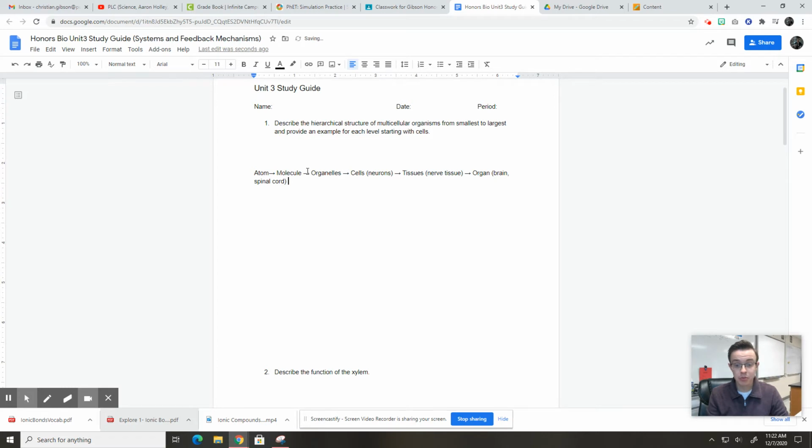Now, when you have multiple organs working together for a common function, we call that an organ system or body system, okay? So in this case, it would be the nervous system, right? When you have multiple body systems working together in a multicellular organism, we call that an organism, and that is what you are. So for the example, let's just put a human.